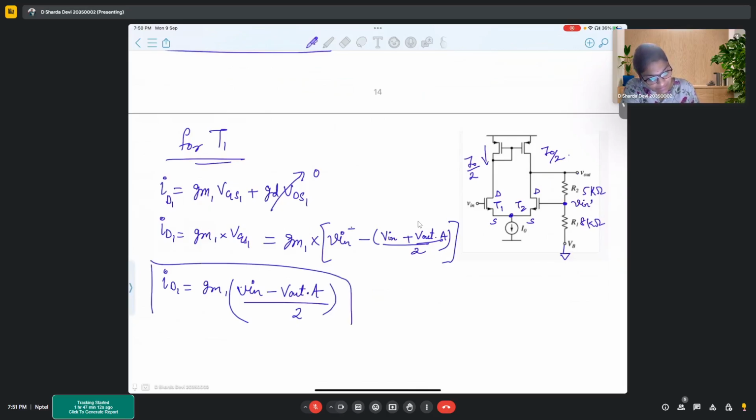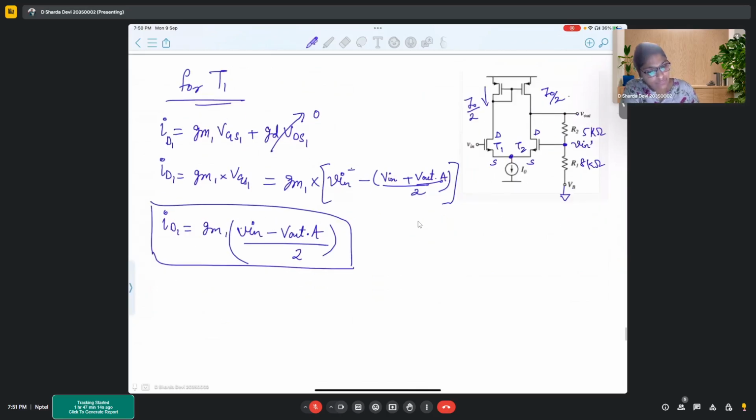So this is ID1, that is, the small current through the transistor T1.